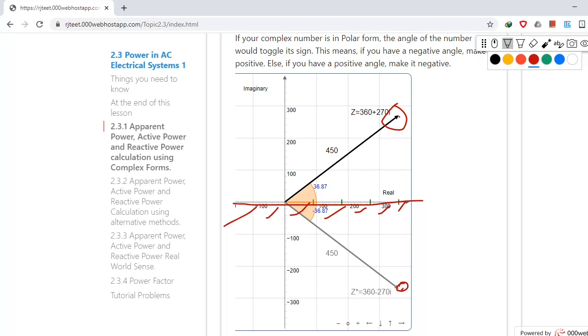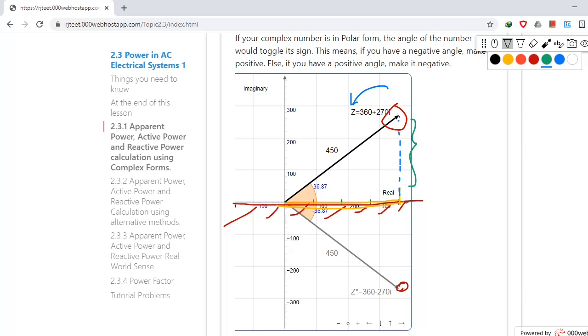So in that case, you realize that the real part is not going to change, only the imaginary part is going to change. In this case, if I consider this complex number, to take the image, I have to change the sign of this imaginary part.